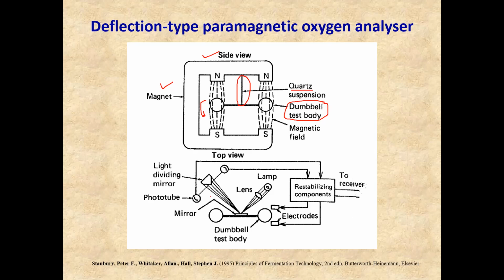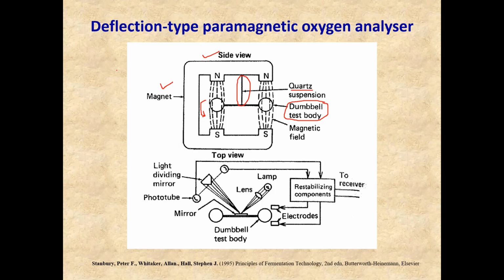So when you introduce oxygen, the oxygen gets attracted to this magnetic field, and this will cause the rotation of the dumbbell, as the dumbbell is free to rotate, and the force applied or the current required to bring back the dumbbell to its normal position will give you the oxygen concentration. Okay, so since the dumbbell can rotate, this is called a deflection type paramagnetic oxygen analyzer.